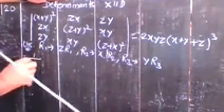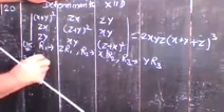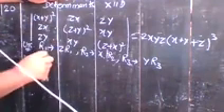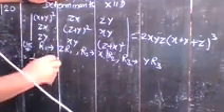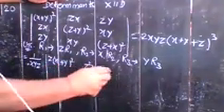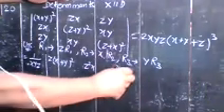So here you write 1 upon xyz, and in the determinant you multiply the first row by z. So z into (x plus y) whole square, here you have z square x and z square y.